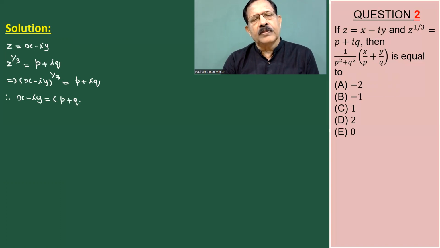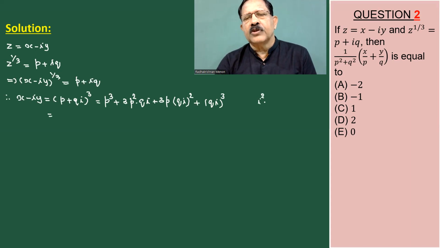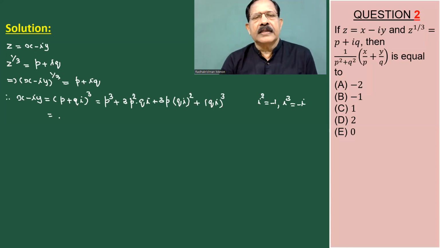For cubing the RHS, I am using the formula (a plus b) whole cube. So which is p cube plus 3p squared into qi plus 3p into (qi) squared plus (qi) whole cube. Now for simplifying, we are using the results i squared is equal to minus 1 and i cube is equal to minus i. So wherever i squared is there, I am putting minus 1.